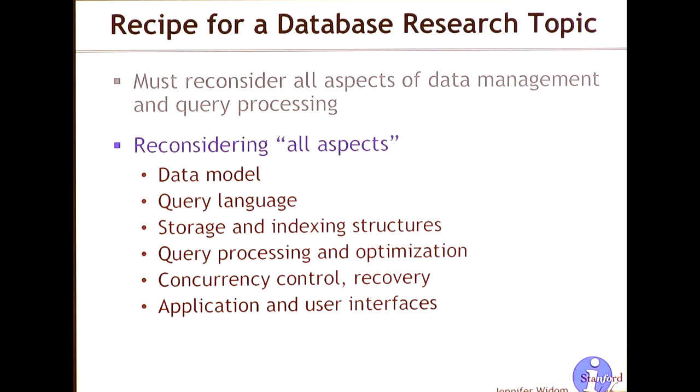And a good query optimizer can make many orders of magnitude improvement in performance. So that's really important. Concurrency control and recovery, as I said, transactions are very important. And then application and user interfaces. So this is sort of all the things that you have to reconsider when you drop these assumptions. Maybe not every single one for every dropped assumption, but for each one, most of them. And again, you can sort of see where a student's research can slot into those.